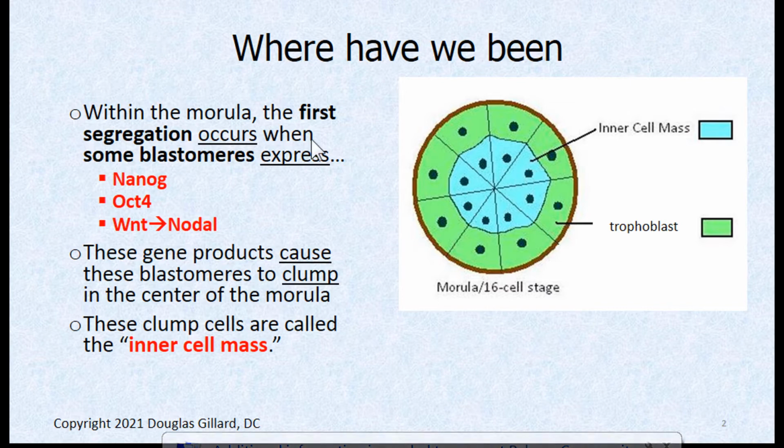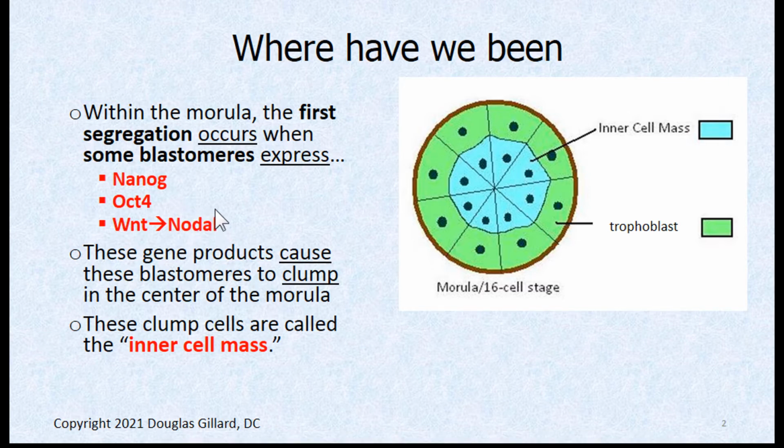And then the morula segregated, still in about day 4, actually. That's where some of the genes within the blastomeres of the morula were turned on. Nanog and Wk3 woke up, and their gene products turned on Wnt, and the Wnt gene turned on nodal.